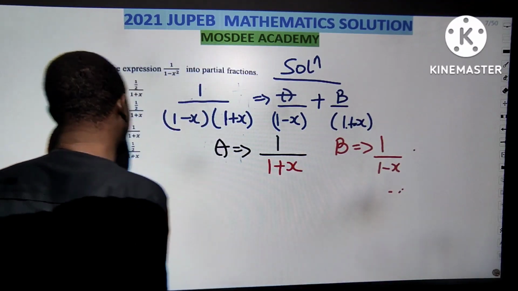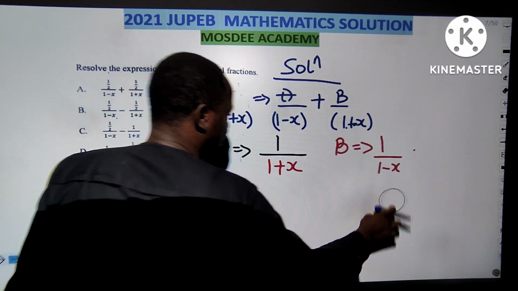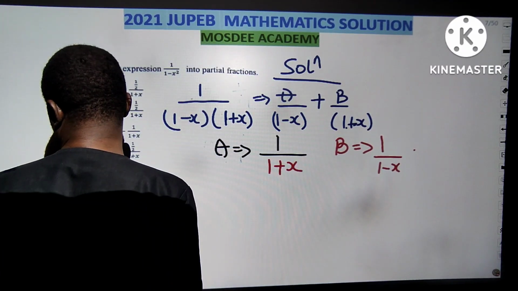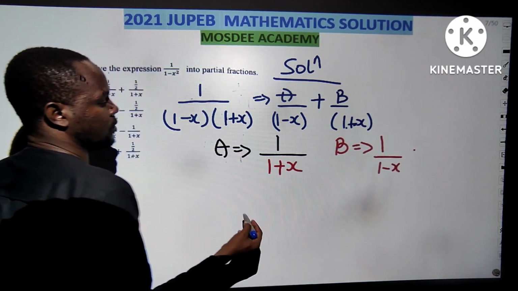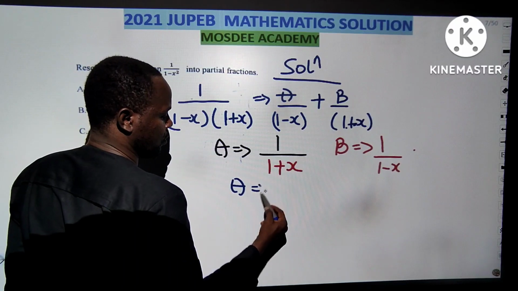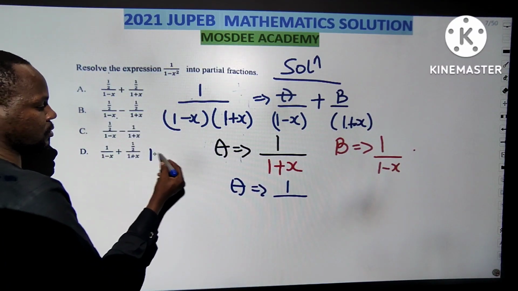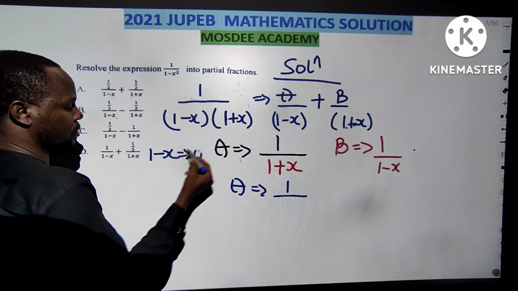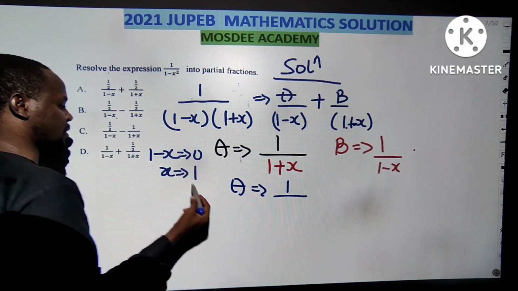So that's the shortcut, the method we use from our explanatory class. So directly, a will be equal to 1 over 1 plus x, where 1 minus x equals 0. When 1 minus x is equal to 0, everybody knows x is equal to 1.